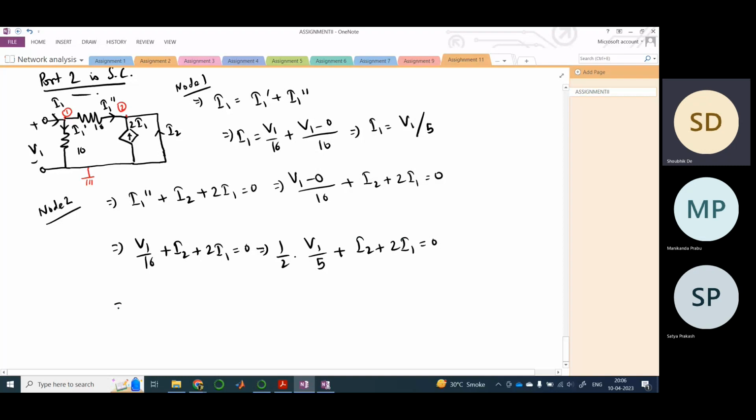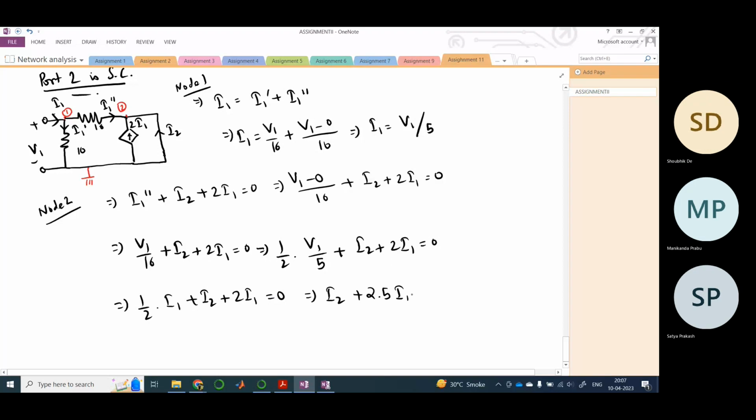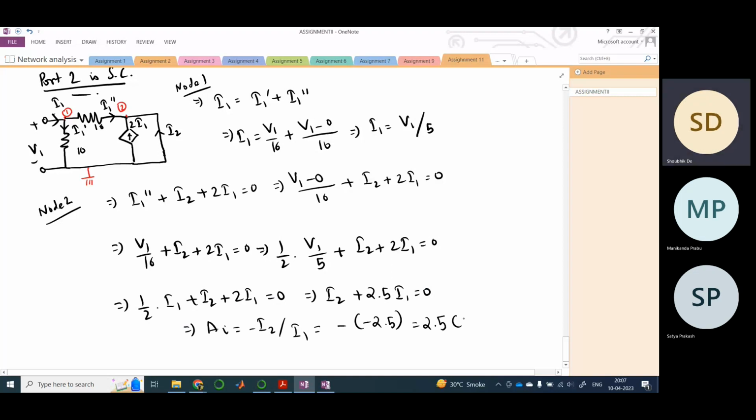It won't be 2I1, it would be half into I1, because V1 by 5 is already I1 as we found out. So I2 is 2I1 plus 0.5 I1, which is 2.5 I1. So AI is minus I2 by I1. Minus I2 by I1 is minus or minus 2.5. So the gain is 2.5. This is the answer.